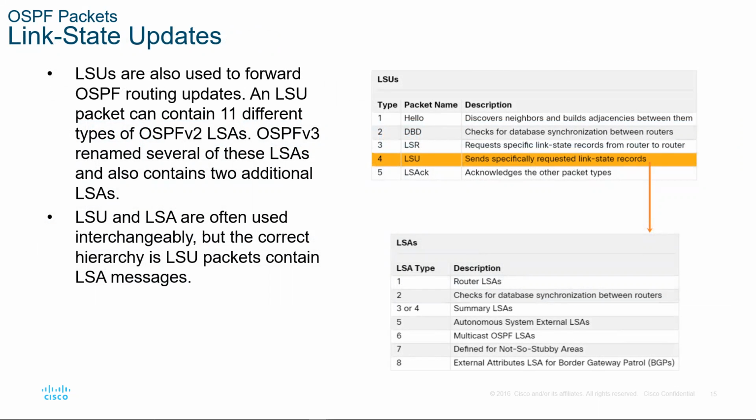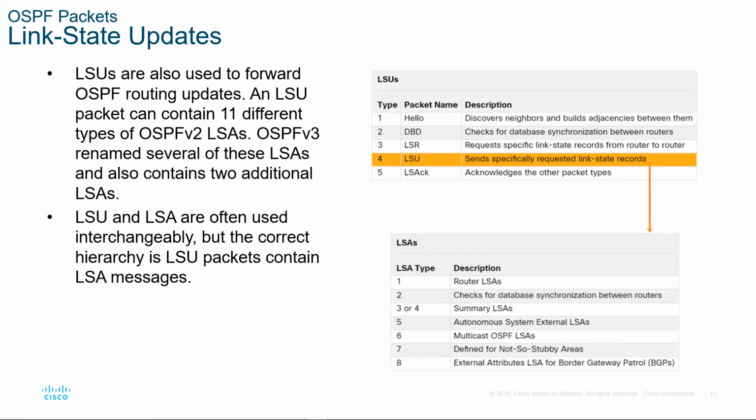So the updates can themselves be broken up into different elements. So these are link state advertisements, and so link state updates and link state advertisements are interchangeable in a lot of instances.